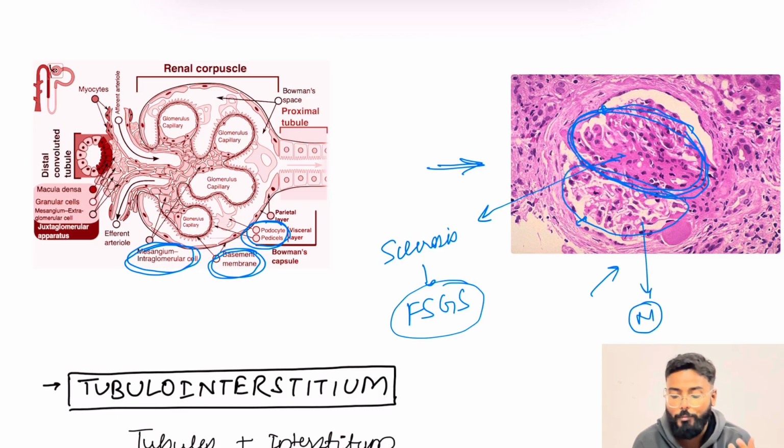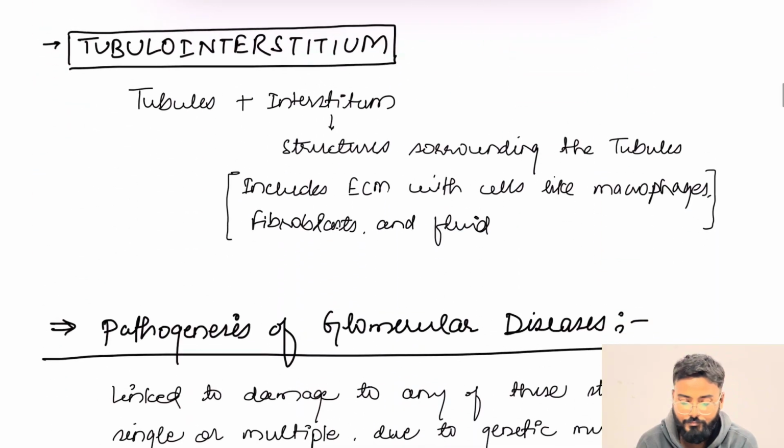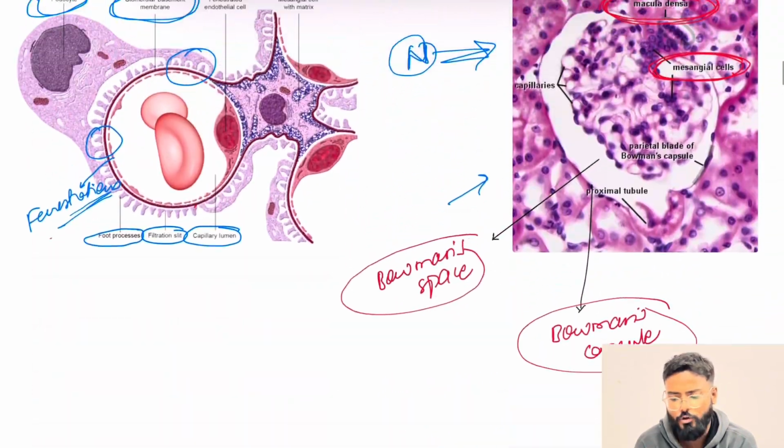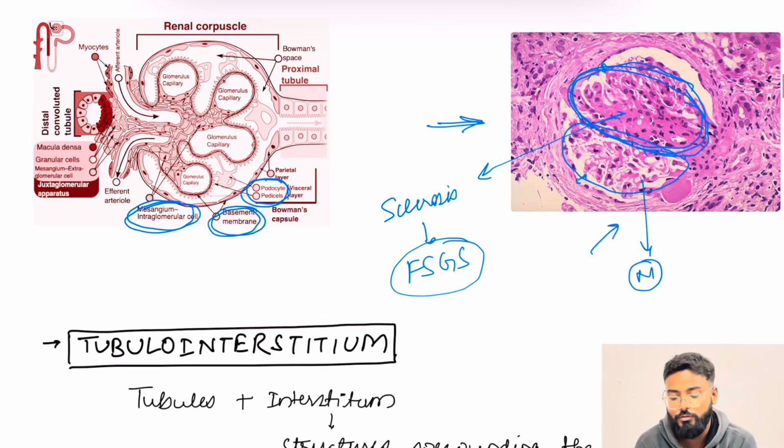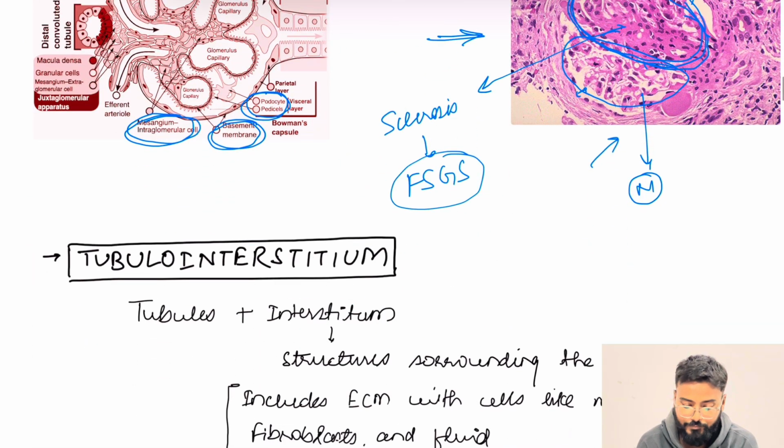So the glomerulus is focally sclerosed. That is your FSGS. So this is the kind of histopathological image you are going to see in case of FSGS, just in order to appreciate the difference between the normal image and the image of FSGS.